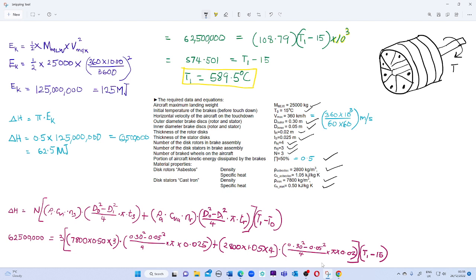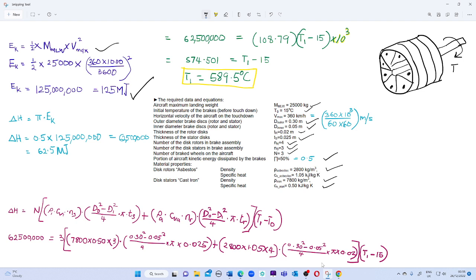So that gives us EK equals half multiplied by 250,000 multiplied by (360 times 1,000 over 3,600) squared. So that gives us 125 million, which is 125 megajoules.